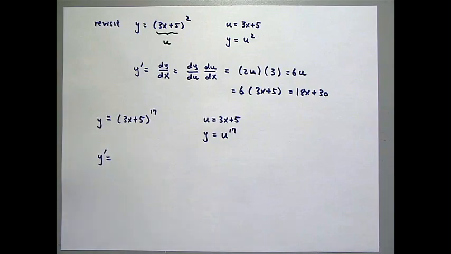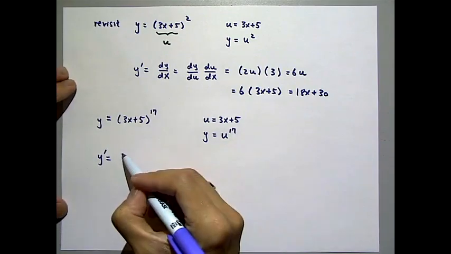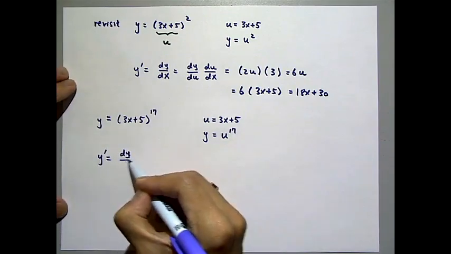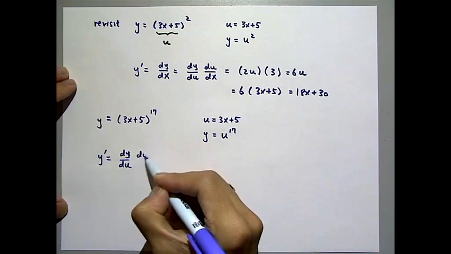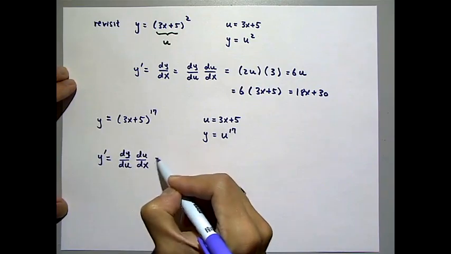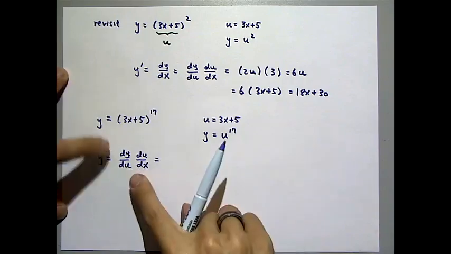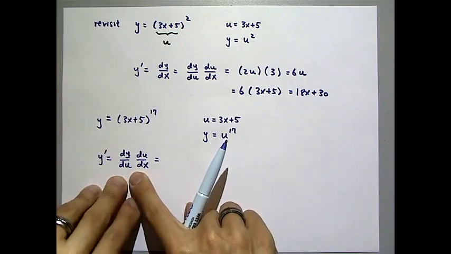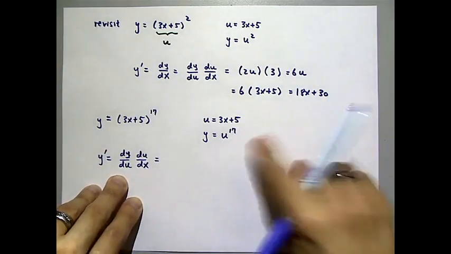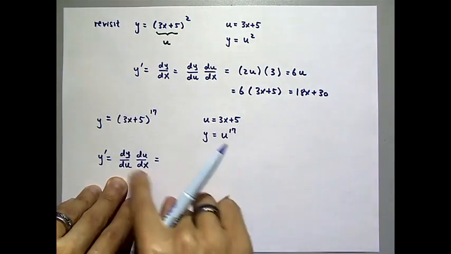So we end up getting y prime equal to dy/du times du/dx, and once again, you look at these two things individually for each of these two parts.